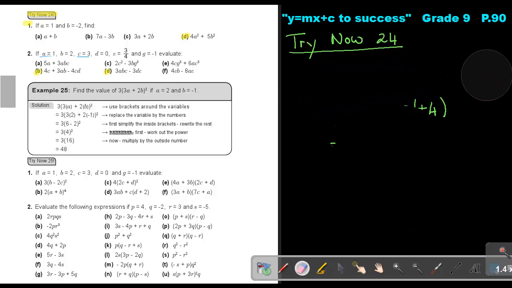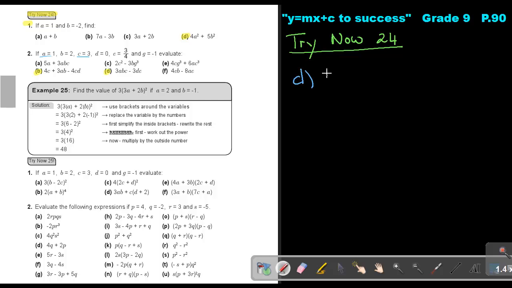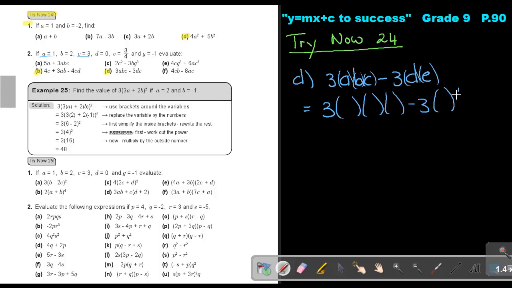Okay, and that's number D. So it's 3ABC minus 3DE. Again, brackets, brackets, brackets. Rewrite everything and just clean the inside of the brackets. And now in the place of A, remember it was 1, B was 2, C was 3, D was 0, and E was the fraction.